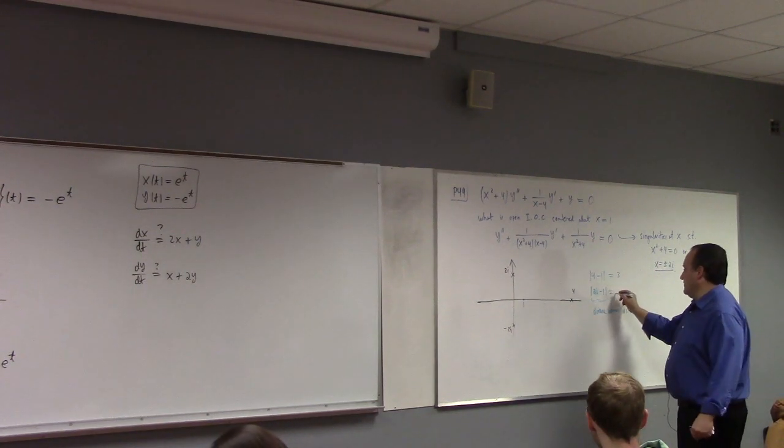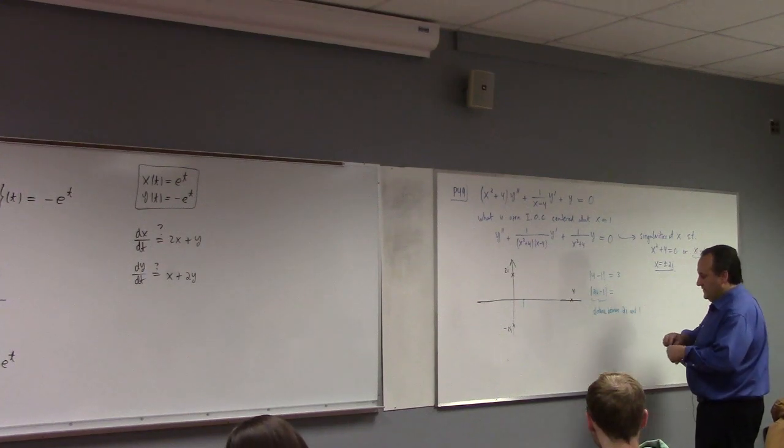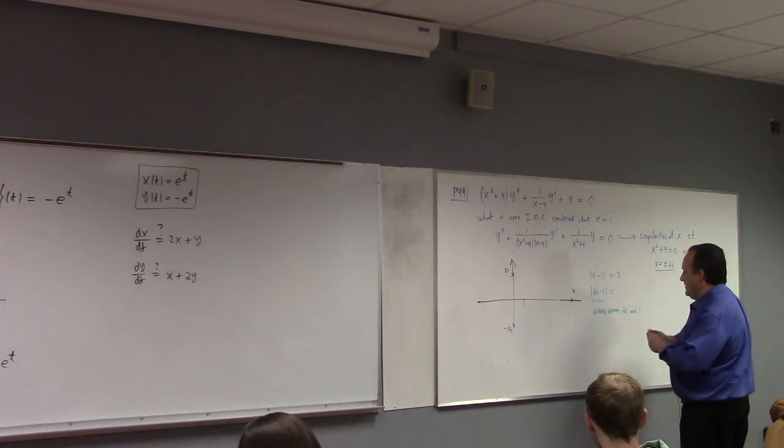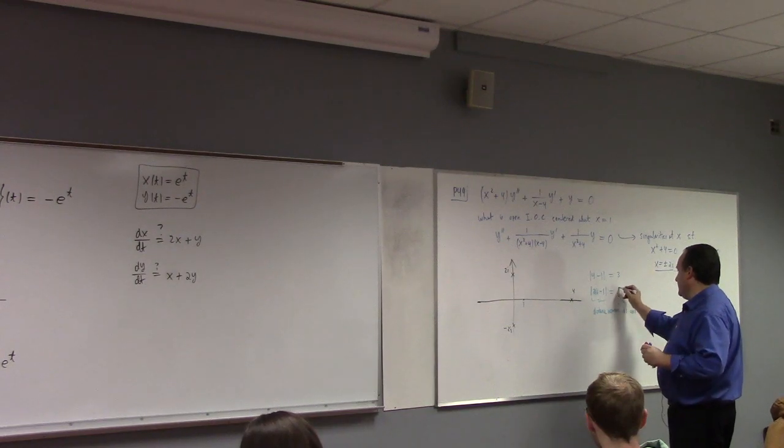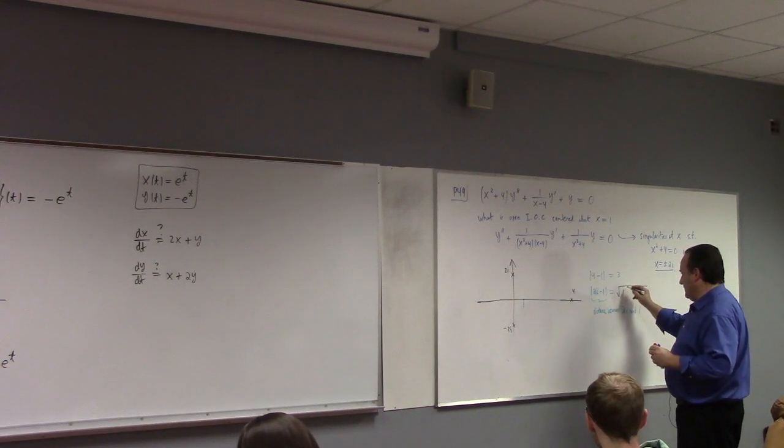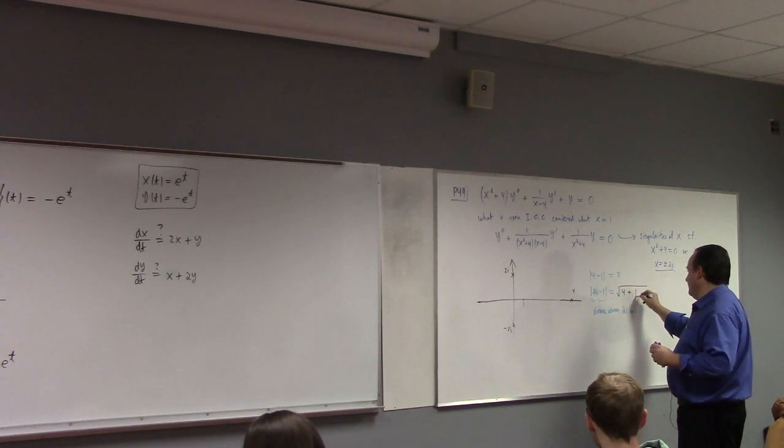Maybe you don't look at it in terms of complex notation, that's fine. We should all agree that the distance between 2i and 1 can be calculated from the square root of 2 squared plus 1 squared.